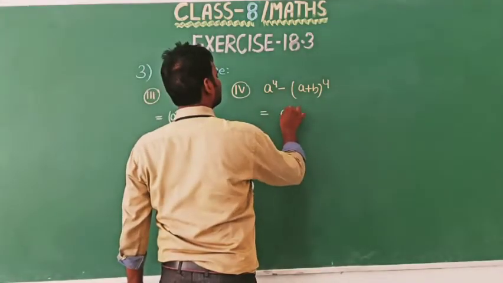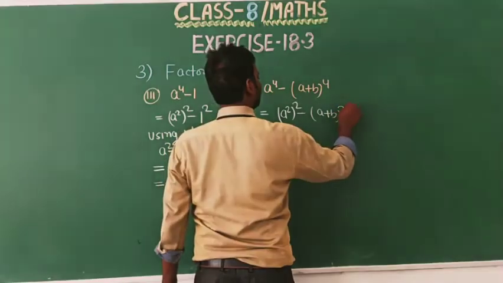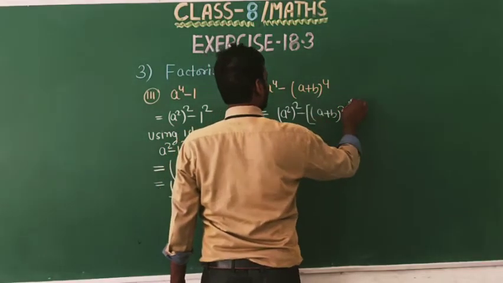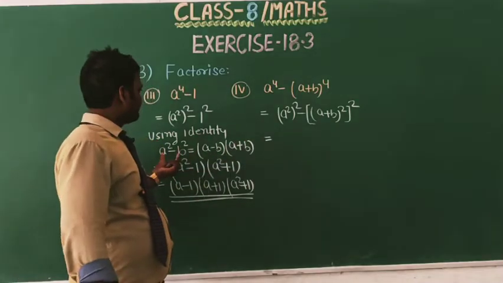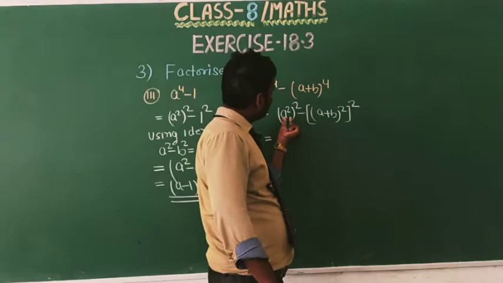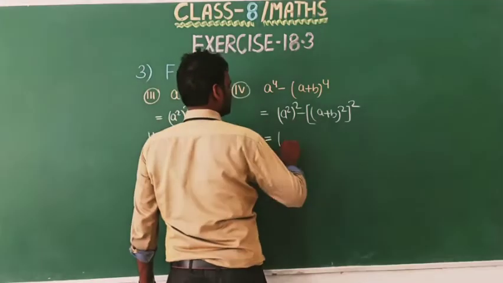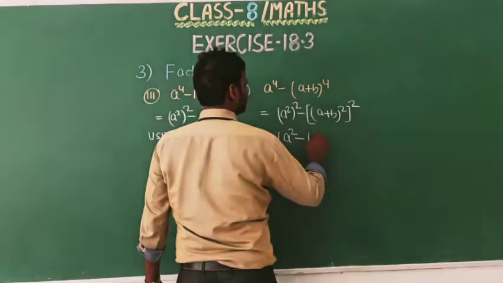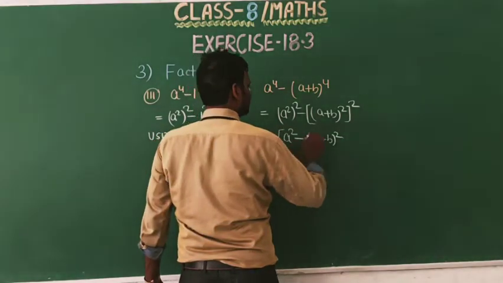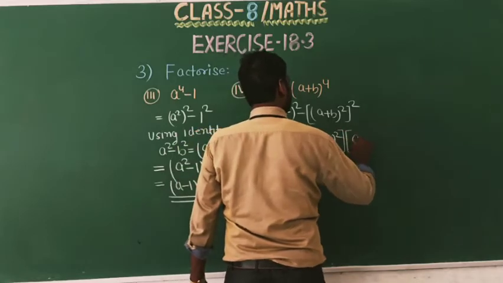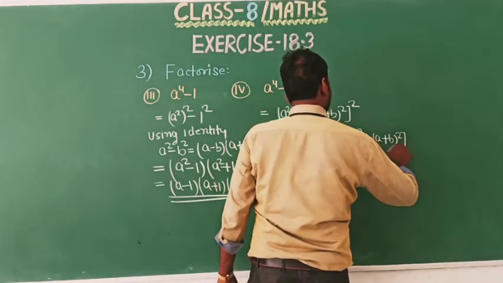This can be written as a square whole square minus a plus b square whole square. Using the same identity, this is a square minus a plus b square in one bracket and in the other bracket a square plus a plus b square.